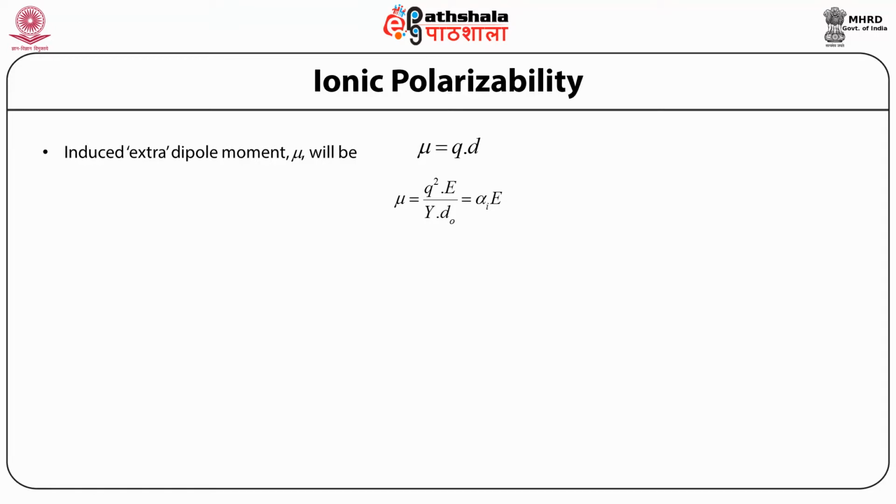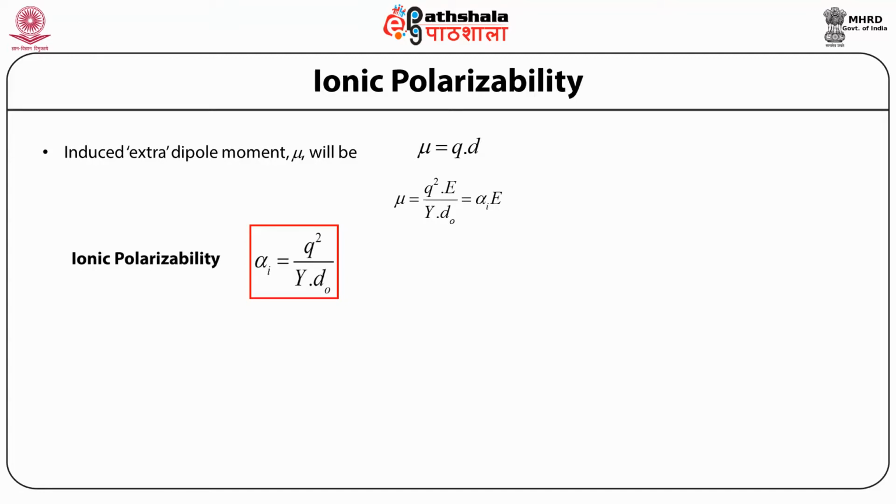So mu comes out to be alpha i into E. Here alpha i corresponds to the ionic polarizability, which is equal to Q squared upon Y d naught. So where has this expression come from?